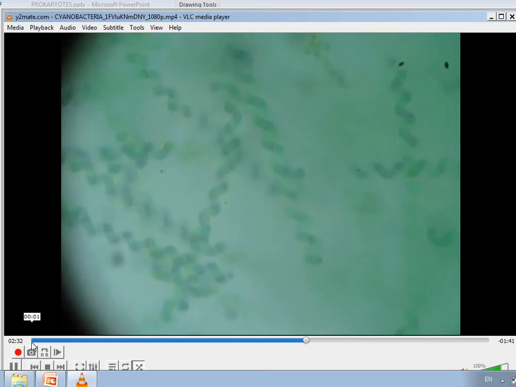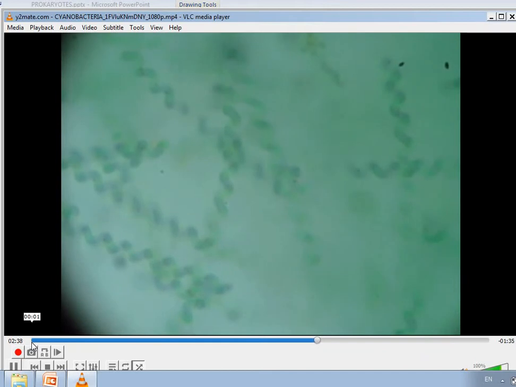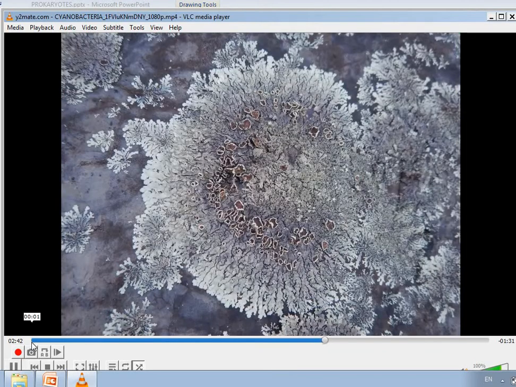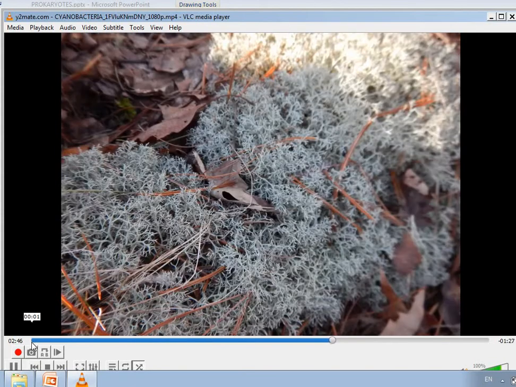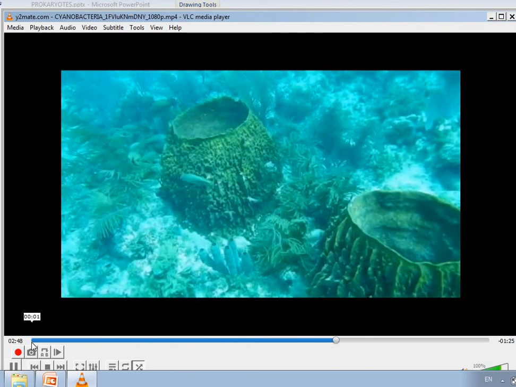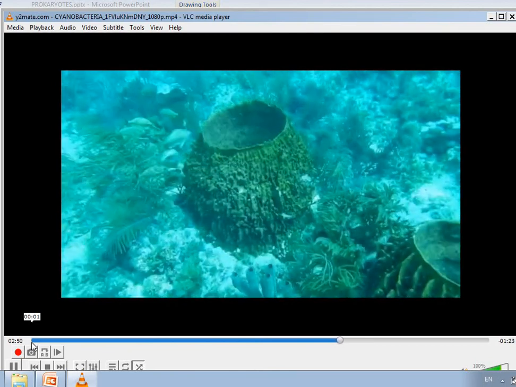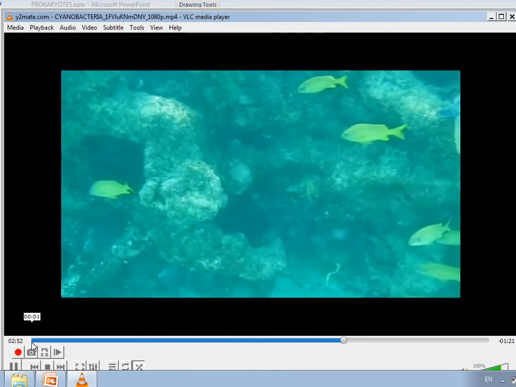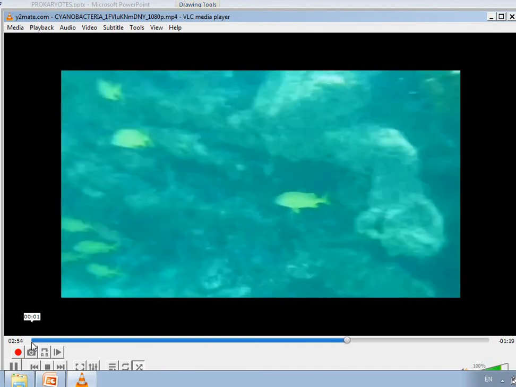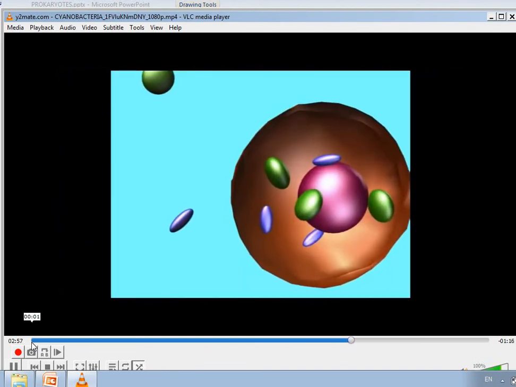In addition to being important in food chains, they can be symbiotic with a number of separate organisms. They can have relationships with fungi and form lichens. They can form endosymbiotic relationships with certain protists and animals, including sponges, corals to a degree, and other animals.